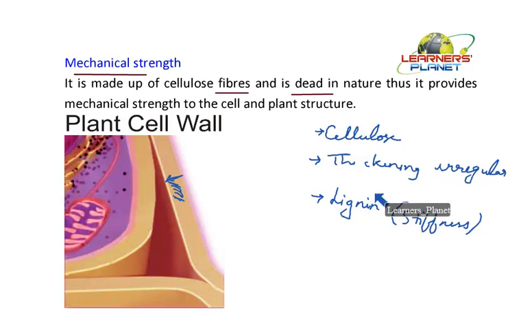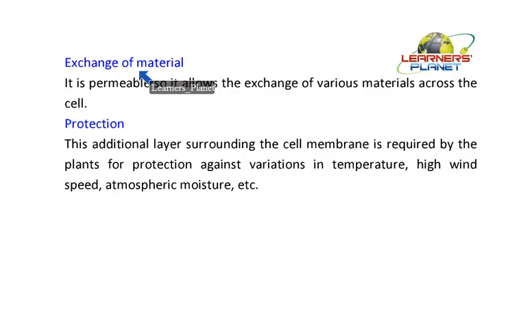That strength is basically provided by these types of depositions in the cells present in its surrounding. Therefore, we can say the mechanical strength is increased because of such depositions in the cell wall. Further, it helps in the exchange of material. It is possible because of its permeability.